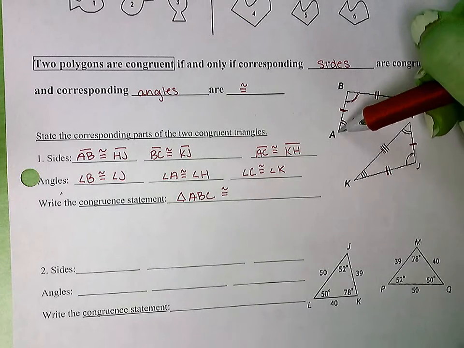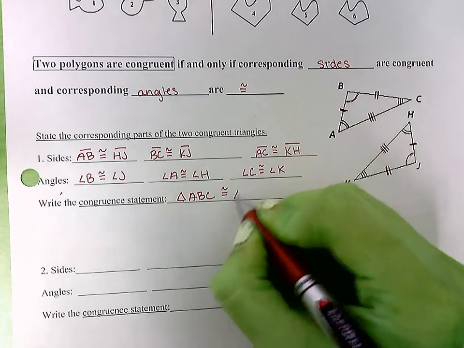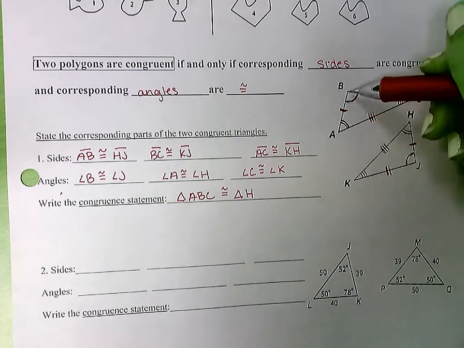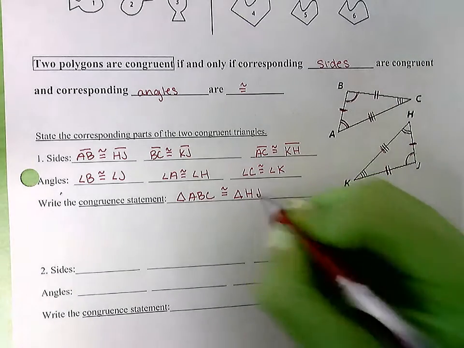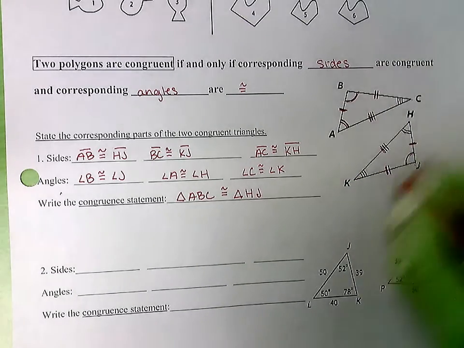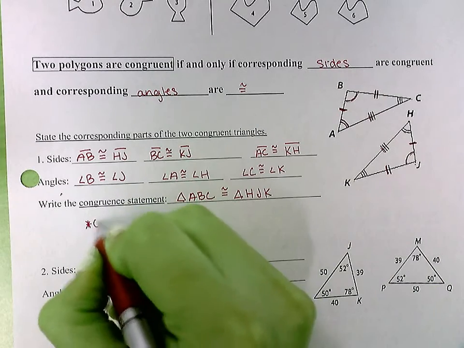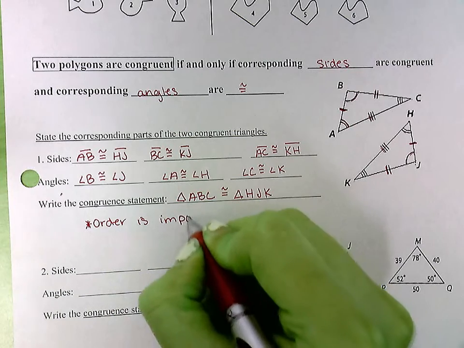Since I started with angle A here, I need to start with its congruent angle in the other triangle. So I'm going to start with H. I went from A to B. B's congruent angle is J. And then finally to C, so to K. So for this type, your order is important.